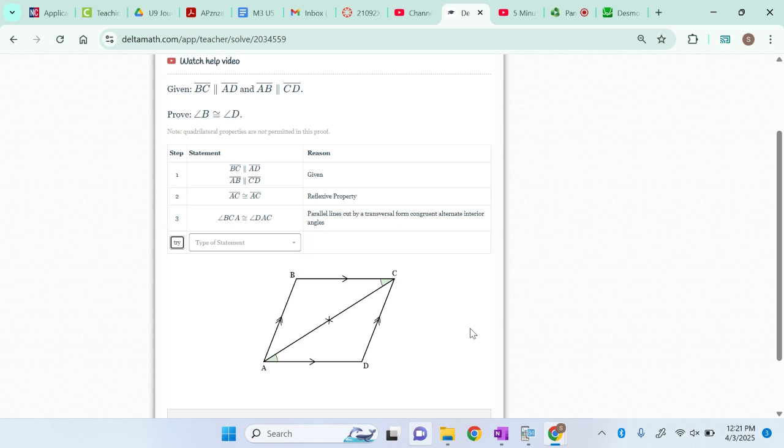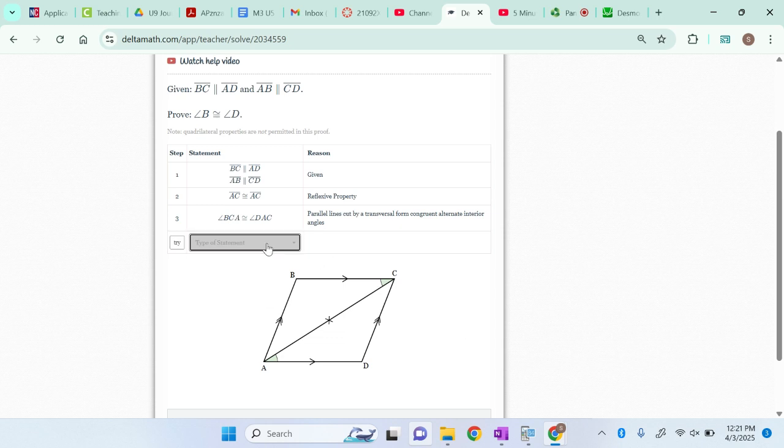Alternate interior. So angle BAC is congruent to angle DCA, and again, because they're alternate interior.